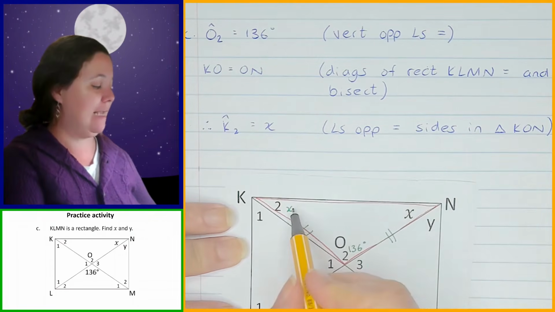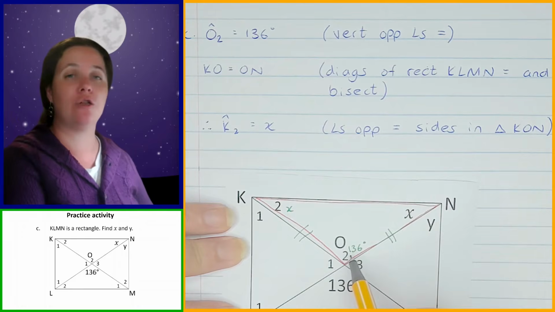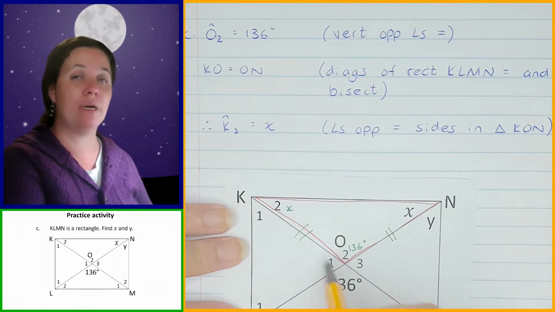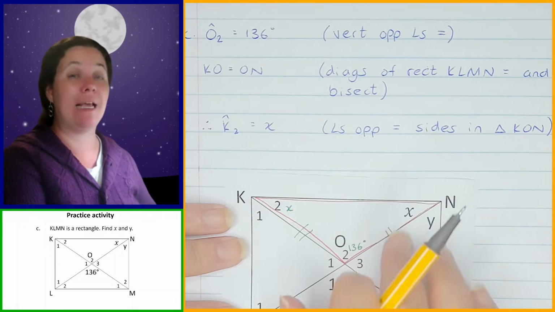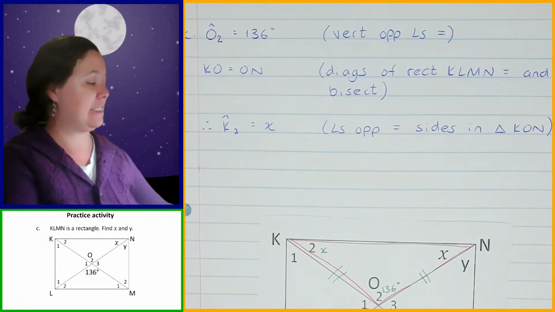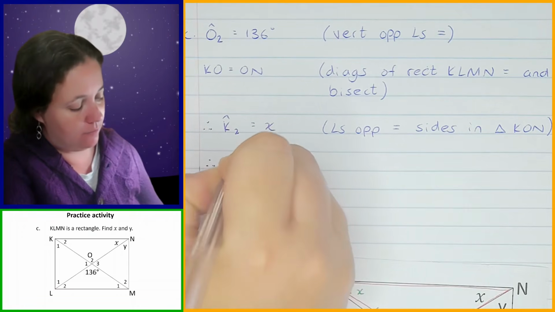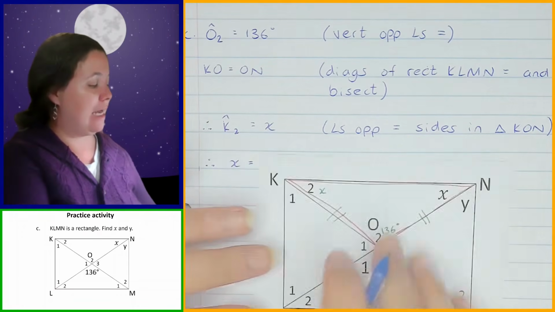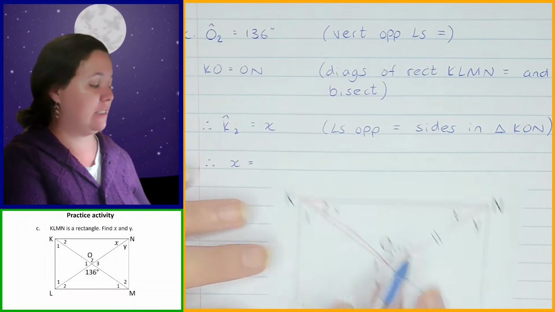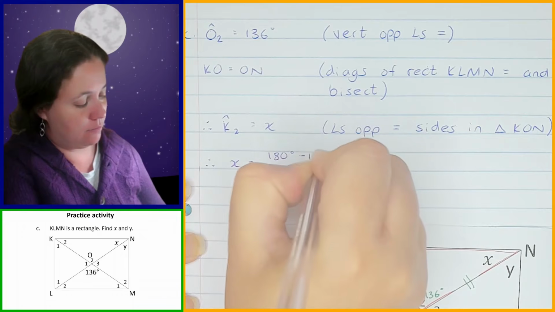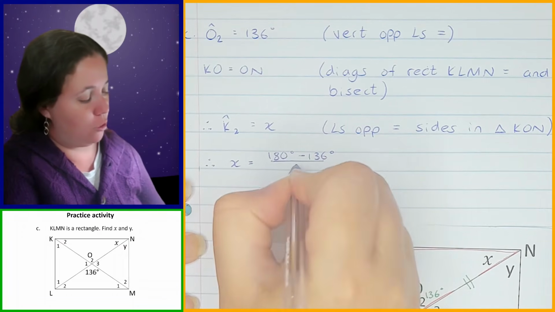So now I've got x and 136 degrees. Now I can use the sum of the interior angles of the triangle to work out what x is equal to. So I can say x is equal to 180 degrees minus 136 degrees all over 2.